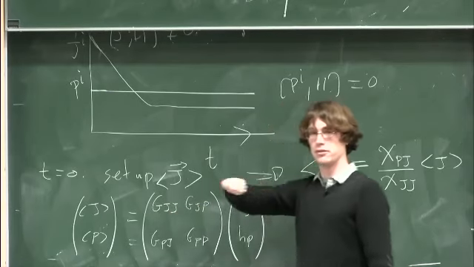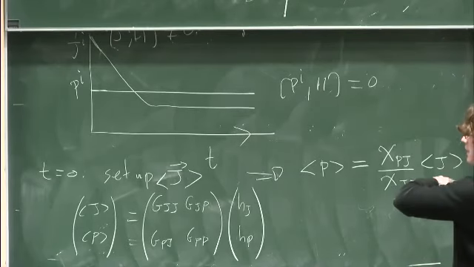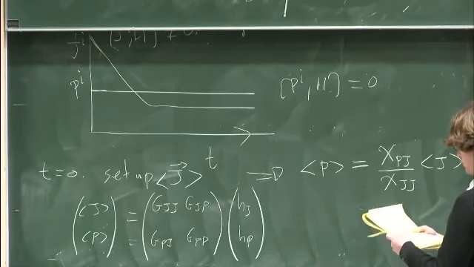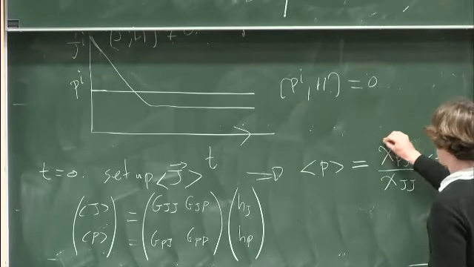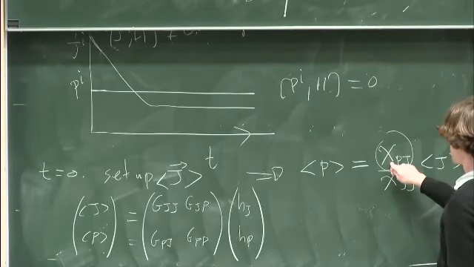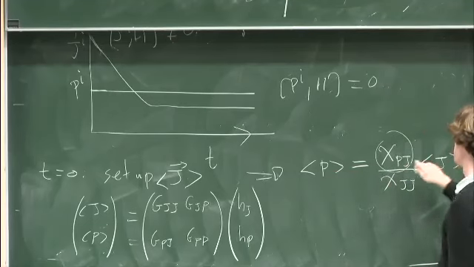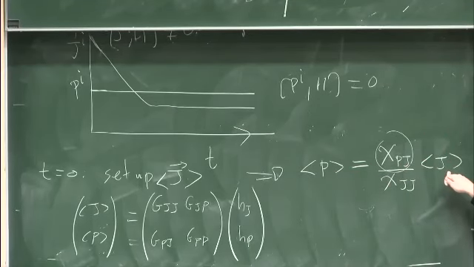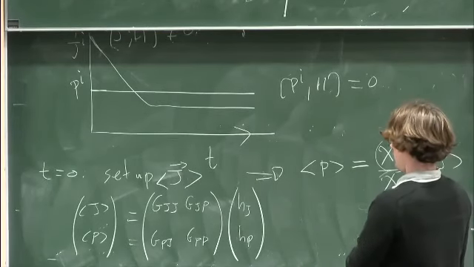It's just stationary. I set up this current, and the PJ susceptibility tells me how much momentum is generated, given that I have the electric current, and I have to divide by chi JJ.